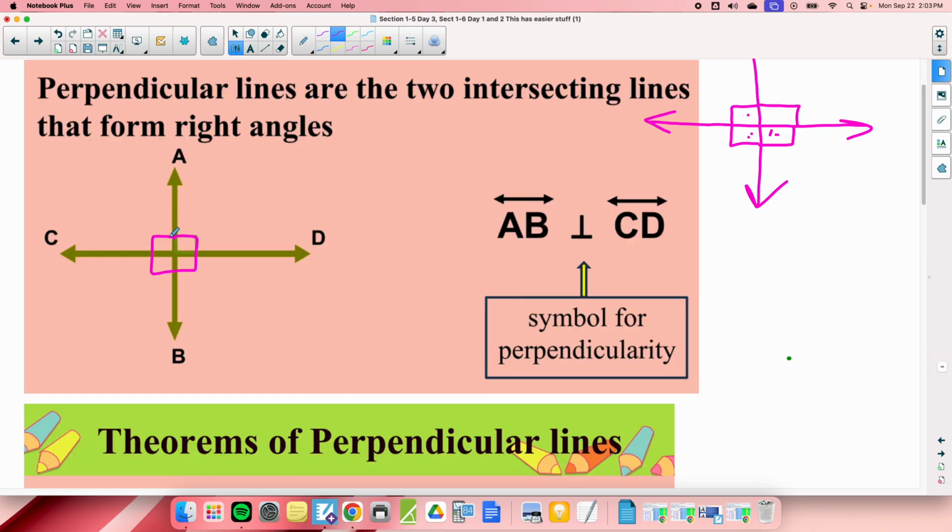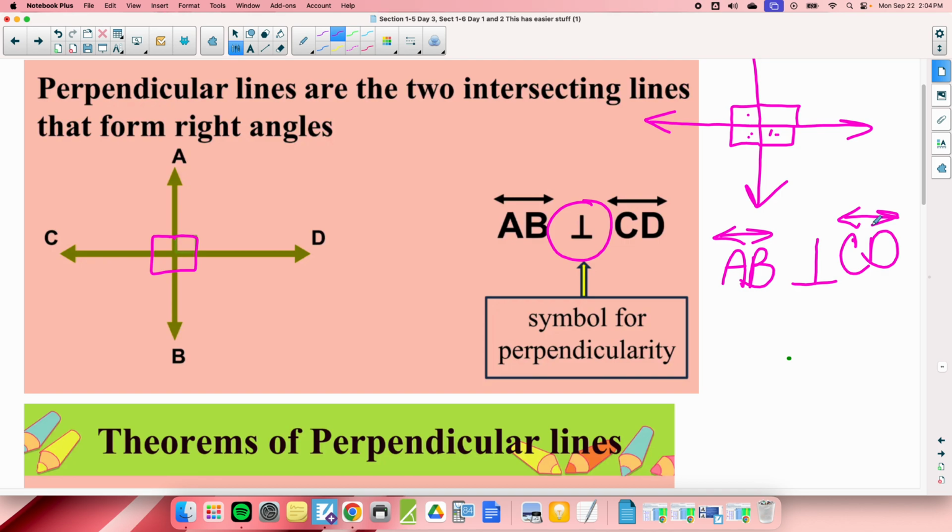Now, if you ever see this symbol, an upside down capital T, that means perpendicular to. So if you were saying line AB is perpendicular to line CD, what that means is when you draw them, they would have met at a right angle.